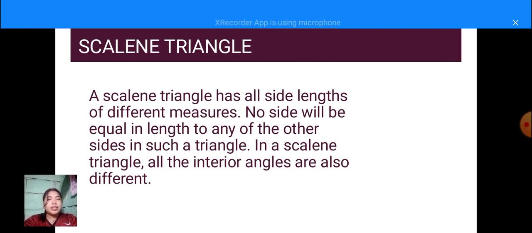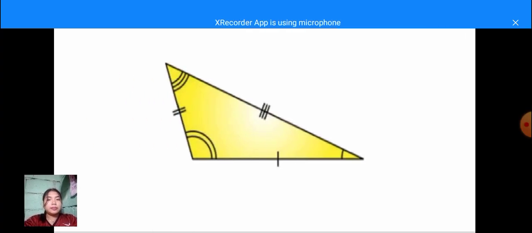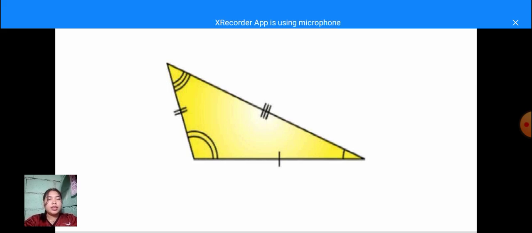Scalene triangle: a scalene triangle has all side lengths of different measure. No side will be equal in length to any of the other sides in such a triangle. In a scalene triangle, all interior angles are also different. Here is the example.